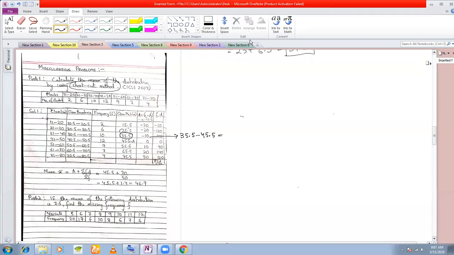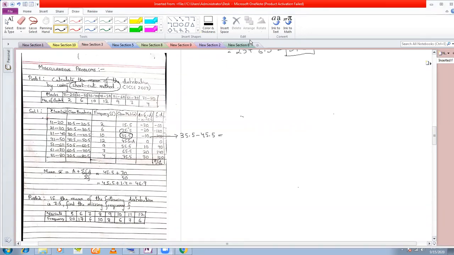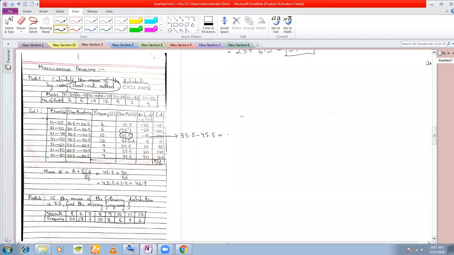So this is minus 10, and so on. It's the same for all the rows. This is actually 45.5 minus 45.5, so that is why it is 0. And the next one here is 55.5 minus 45.5, and so on for the other two also. So that is what you're going to get as your deviations.